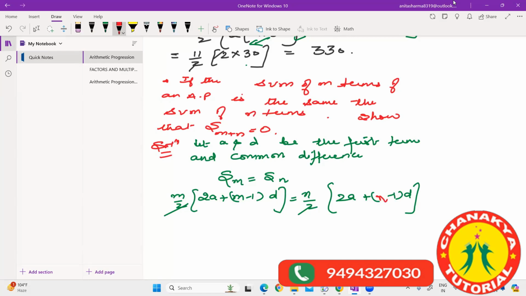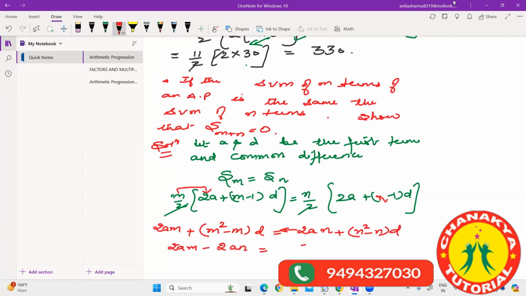First of all, you can open this bracket by multiplying with the m. So it will be 2am plus m square minus m into d is equal to 2an plus n square minus n into d, right, beta? Now you can segregate d and a terms. So 2am minus 2an will be equal to n square minus n into d minus m square minus m into d.